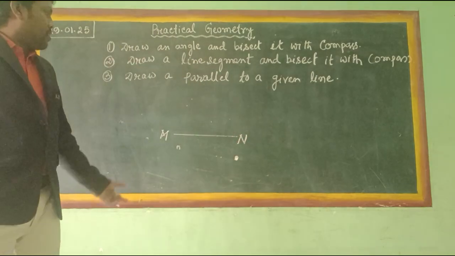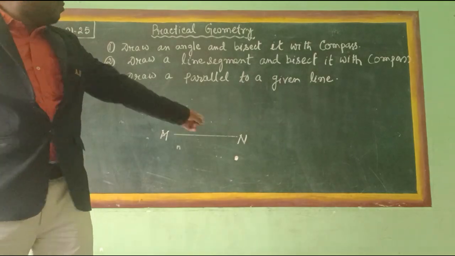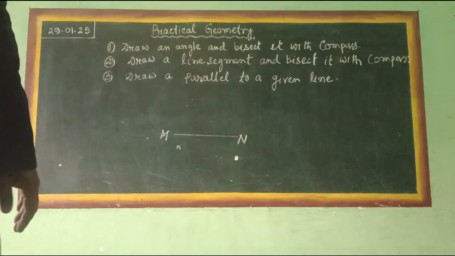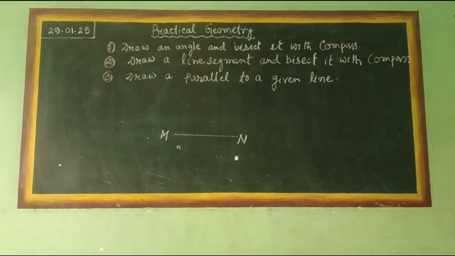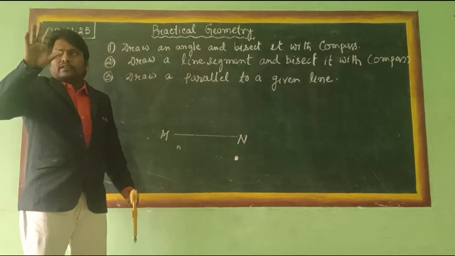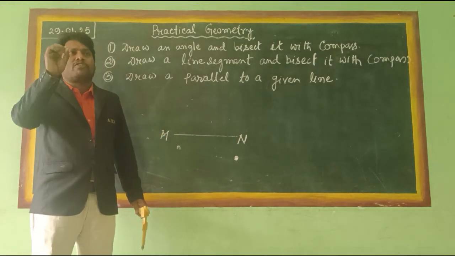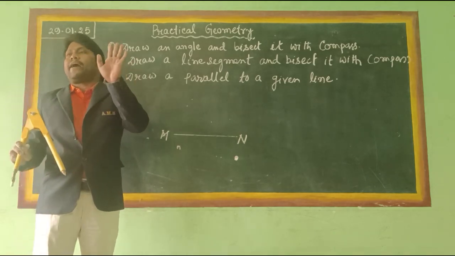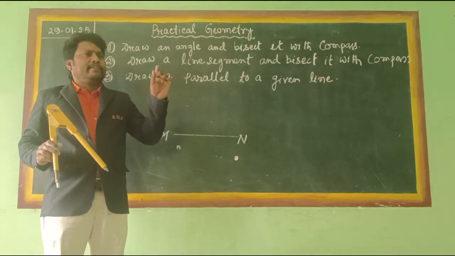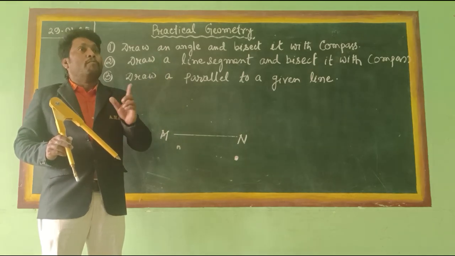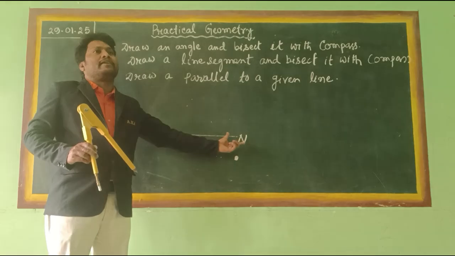Next, which instrument is used to bisect the angle? Compass. Now hold the compass. Next step, hold the pencil compass. There is some precaution. What is the caution? When you bisect any geometrical figure, you should take the measure more than half of the total measure.